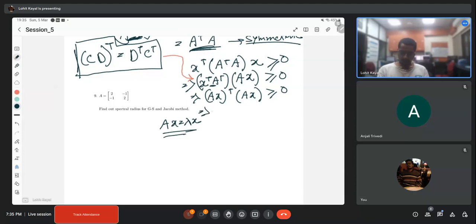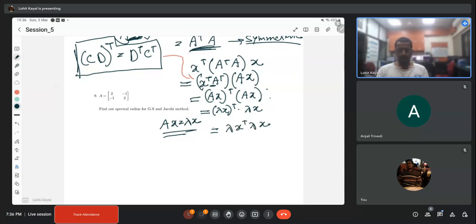So this implies lambda x transpose into lambda x. I should not write greater than 0 right now because I am going to prove that. Now lambda is a scalar, a constant value. So lambda transpose is lambda itself. So lambda x transpose lambda x.